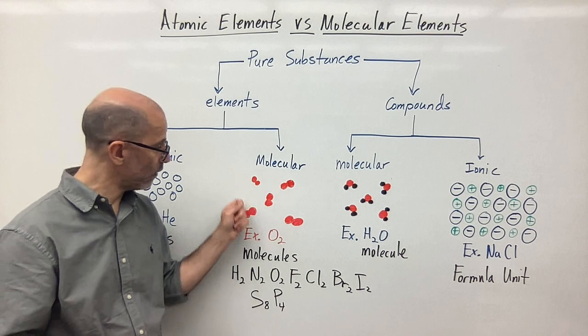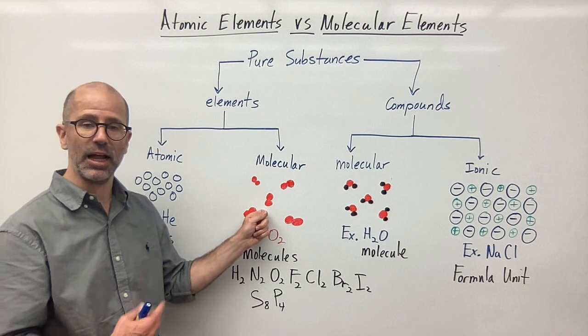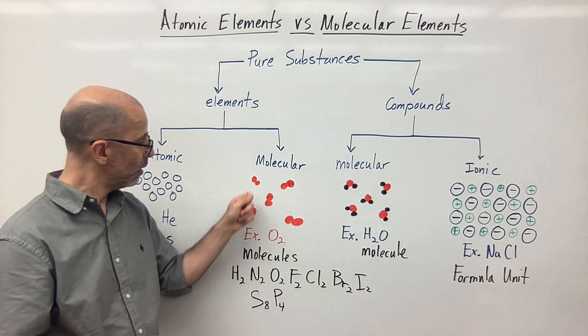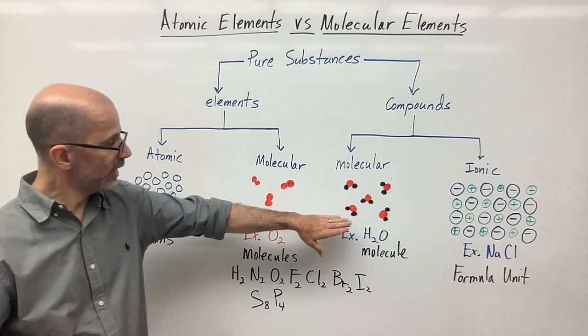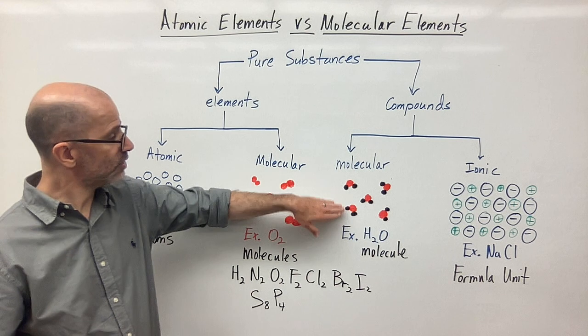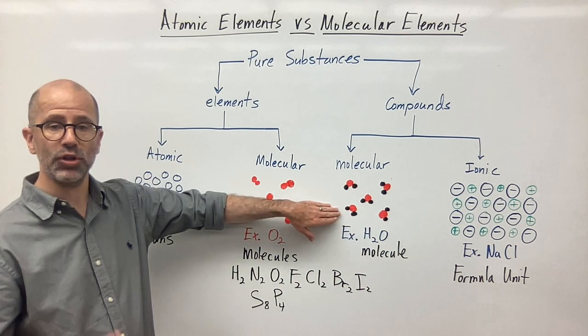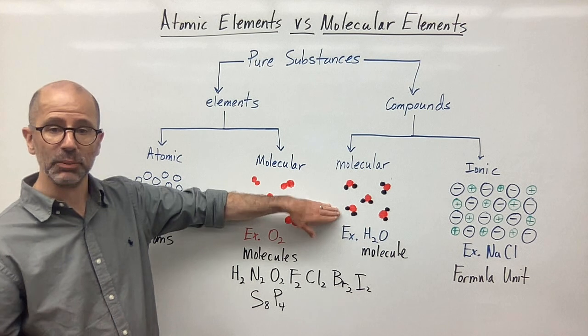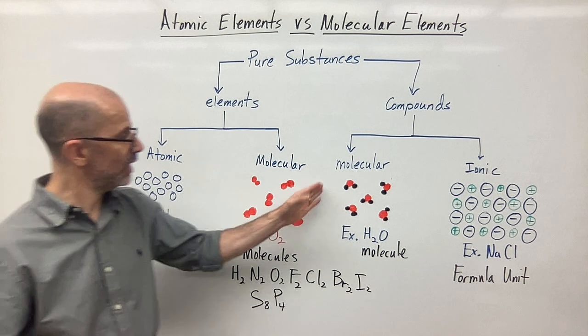Here we have an element, only one kind of atom bonded together. Compounds are substances that have more than one kind of atom bonded together. There are different elements bonded together in the compound.